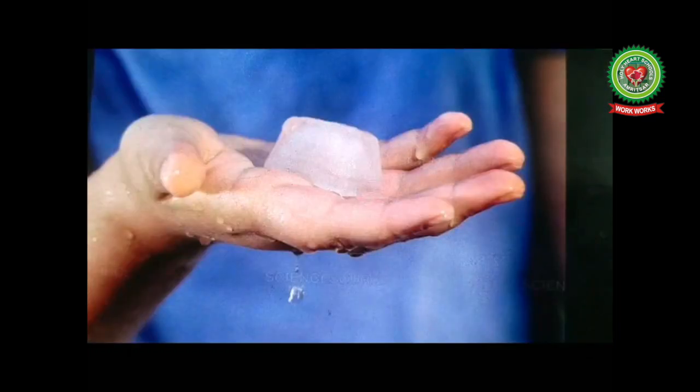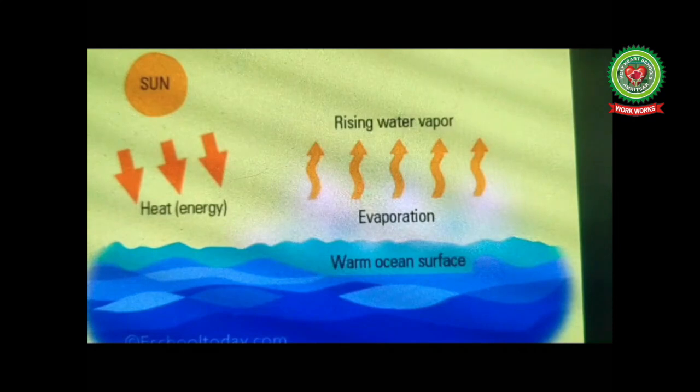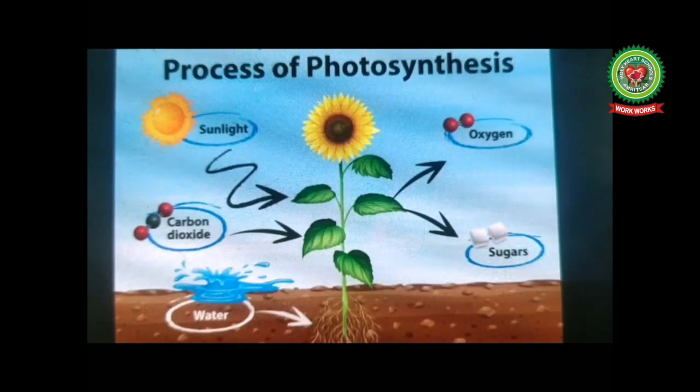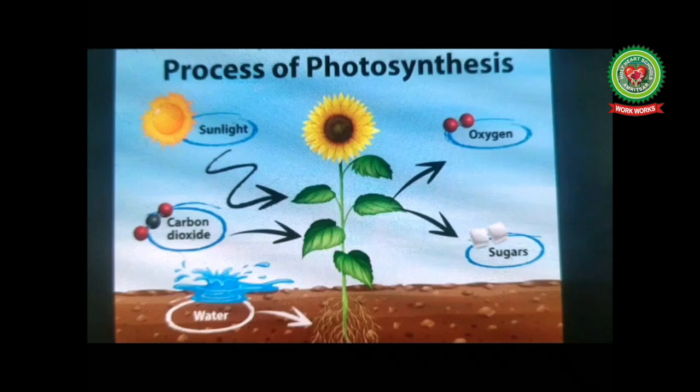Melting of ice on the palm is an endothermic change as heat is absorbed during this change. Baking of bread is also an endothermic change, and processes like evaporation and photosynthesis are also examples of endothermic changes as heat is absorbed during these processes.